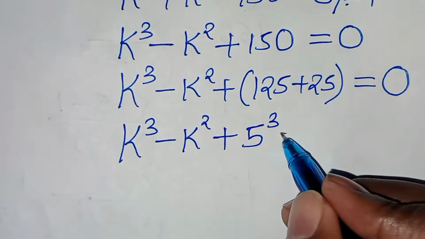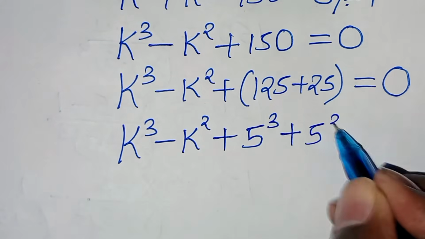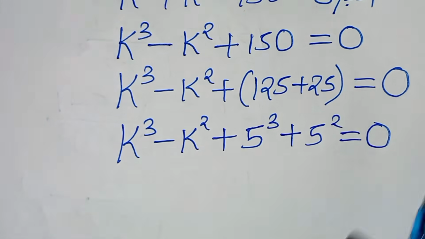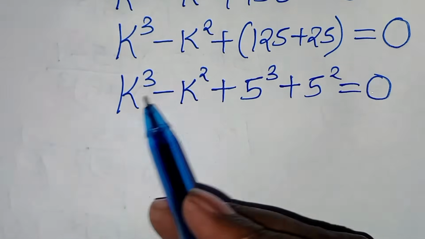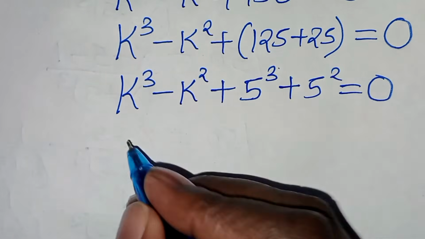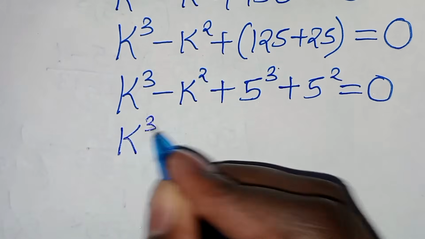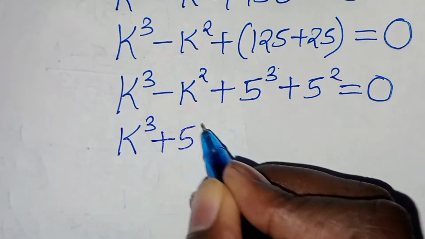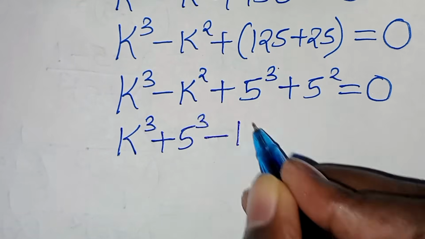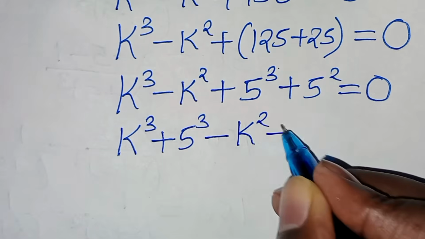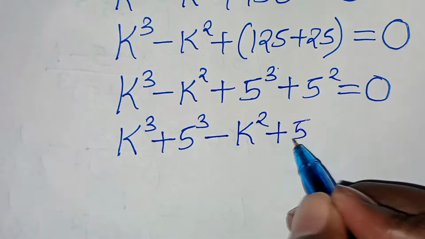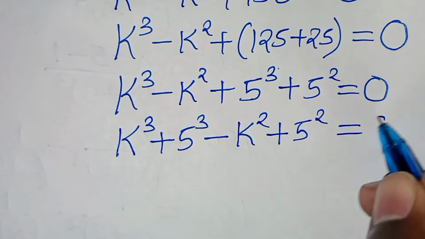We can also express 25 as 5^2. So we have k^3 and 5^3. This means that we have k^3 plus 5^3, then subtract k squared, then plus 5^2, is equal to 0.